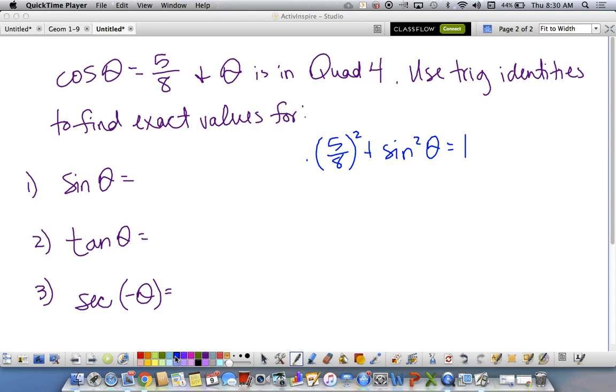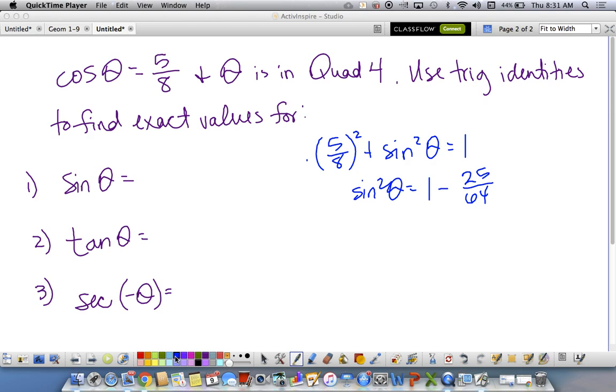If you want to use where we rearranged it to solve for sine theta, you could do that. So then in this step, I might say sine squared theta equals 1 minus, and then what is 5/8 squared? 25 over 64.